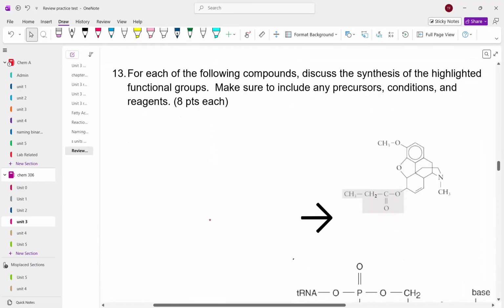Okay, what I've done here is I have a complicated molecule. Does anyone recognize this molecule, curiously? It's very addictive, based on opium. This is the part that's based on opium here.